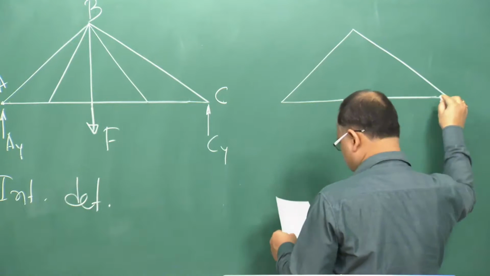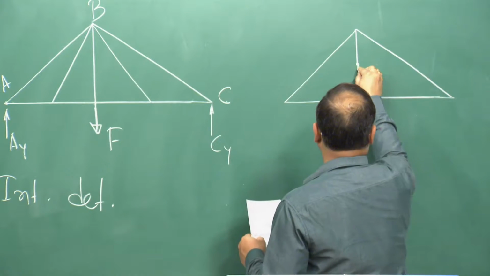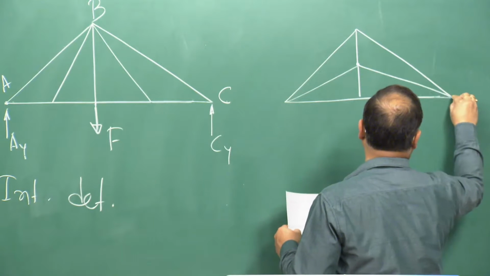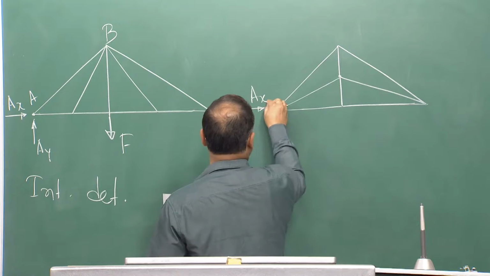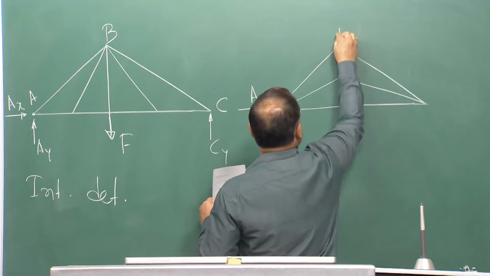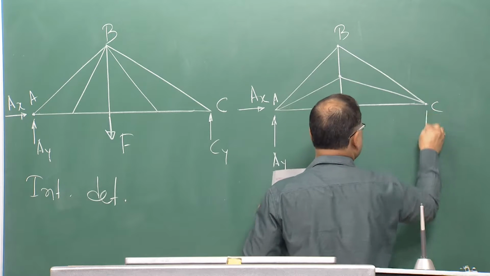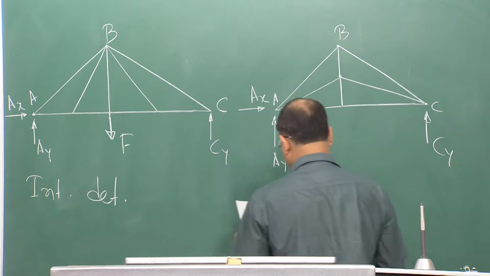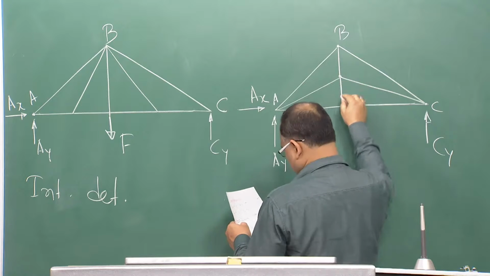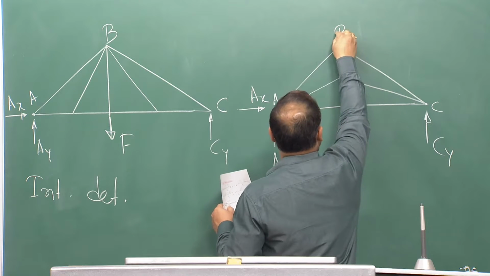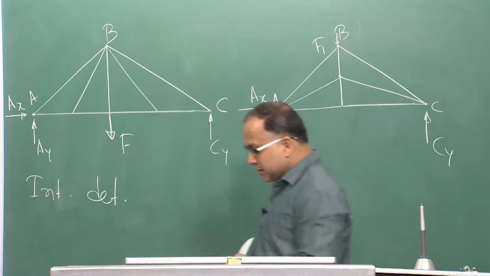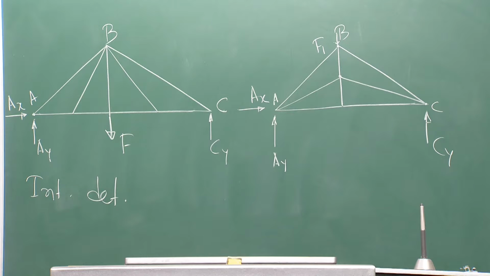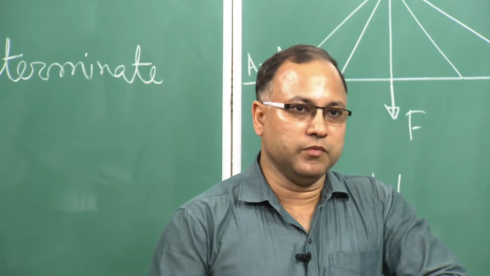Now, if you have this kind of truss, here also you have say AX, AY, this is joint A, this is joint B, this is joint C, you have CY, and a force F1 is applied here at joint B. If you look at this structure, you will find out that you cannot get all the member forces by using simple equations of equilibrium.